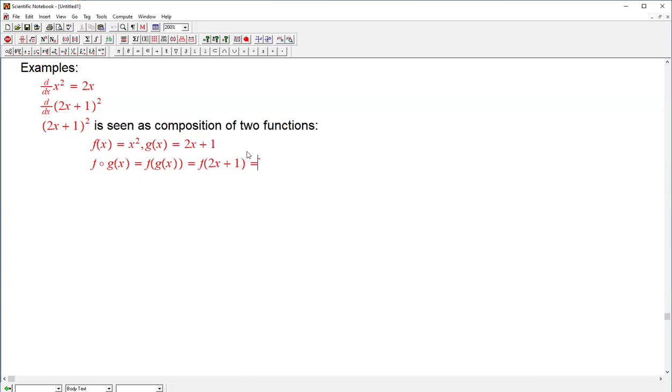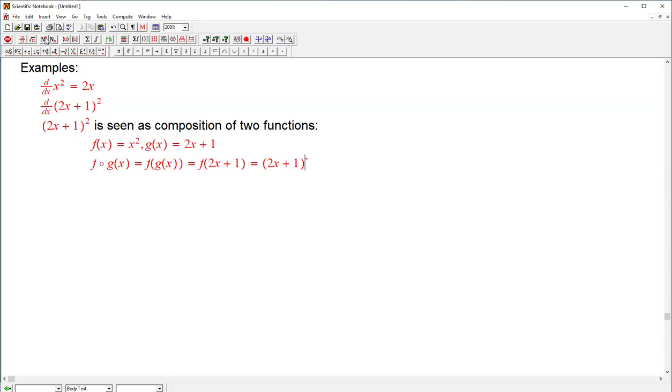Now we apply the rule of f, which is squaring the input. The input in this case is 2x plus 1, so we get 2x plus 1 squared. You see, that's the composition.